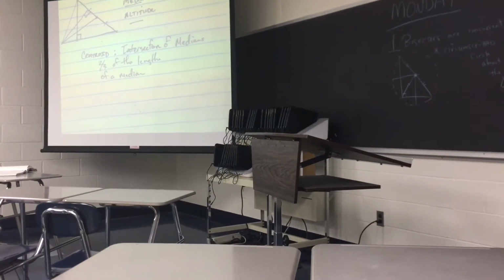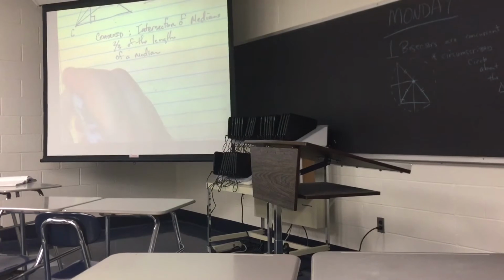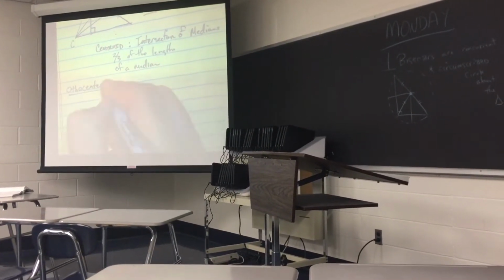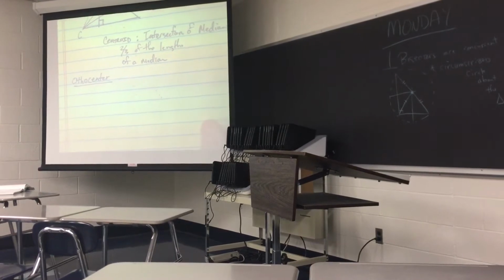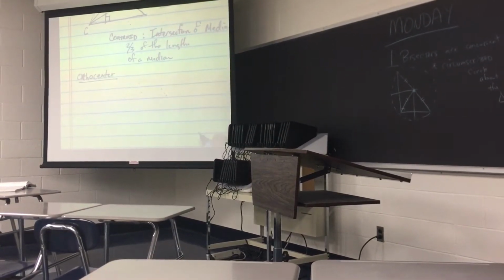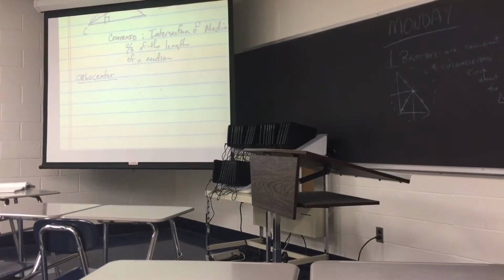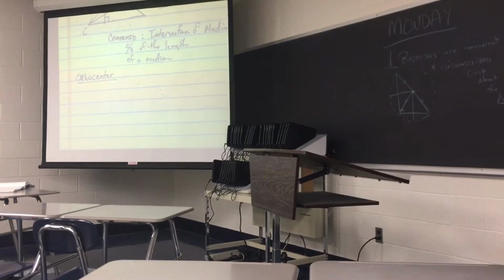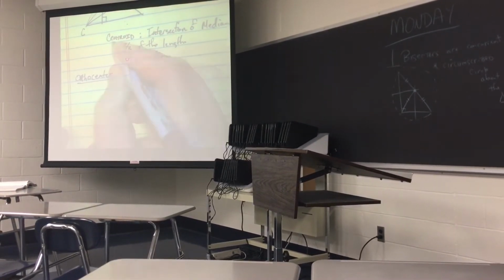Okay? And we're gonna introduce a fourth term. It's actually our final term. It's called the orthocenter. Orthocenter. The orthocenter of a triangle is the intersection of the lines that contain the altitudes. So we know what centroid is.